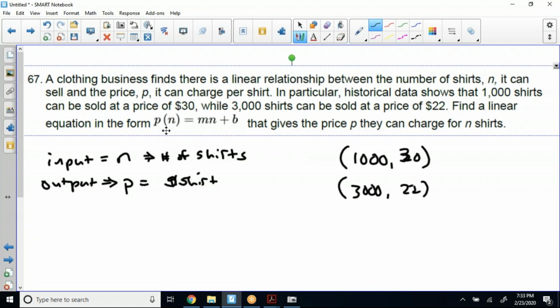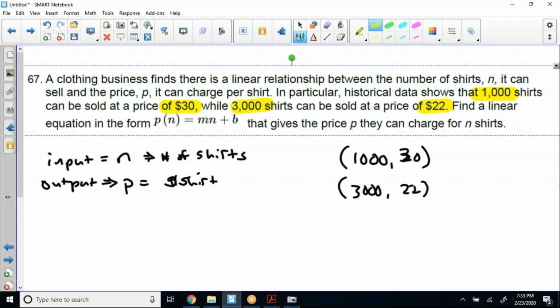They give you 4 bits of information, right? 4 bits is going to be 2 ordered pairs always, okay? 3 bits will be a slope and an ordered pair. 2 bits of data will be slope and the y-intercept, okay, starting point. So that's how the set is set up in a linear.